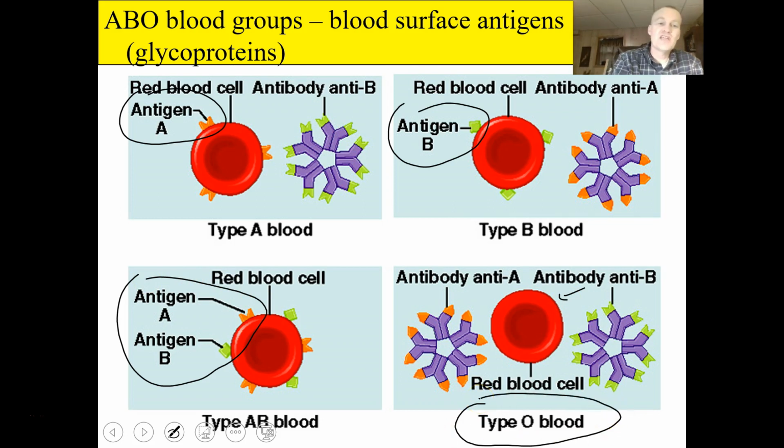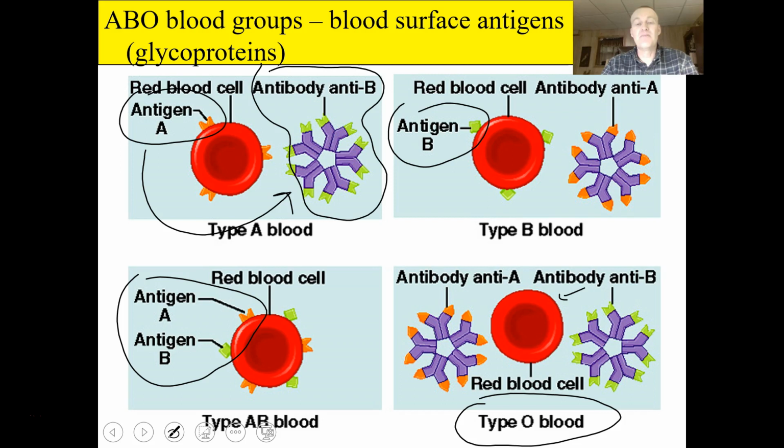Now, if you have surface antigen A, your body will naturally produce these disease-fighting chemicals called antibodies, anti-B. So what these antibodies do is they will target the antigen B protein.